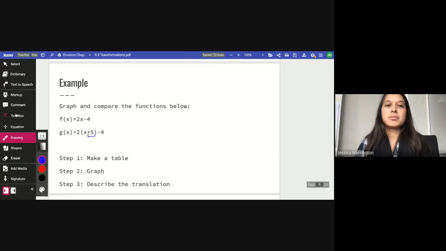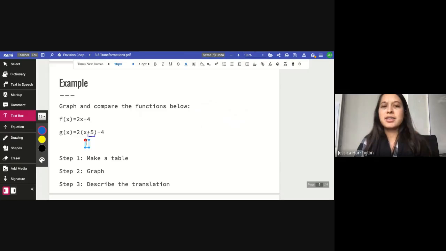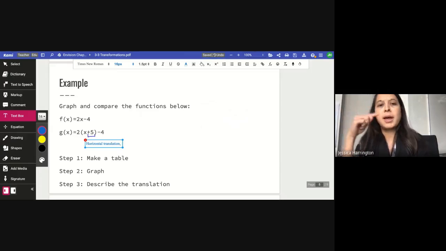So this means if it's just to the x, that's a horizontal translation, right? And then horizontal translations are the opposite of what we think. So if it's plus 5, it's going to mean that we're moving left 5 spaces.